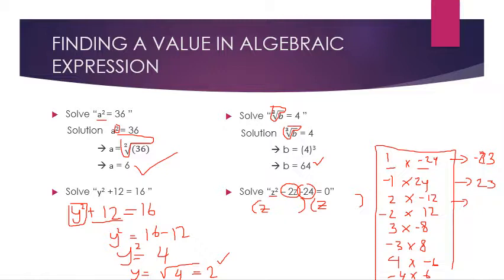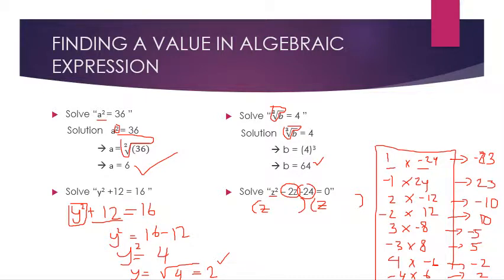And then we have 2 plus minus 12 is minus 10. Then minus 2 plus 12 is 10. 3 plus minus 8 is minus 5. Minus 3 plus 8 is 5. 4 plus minus 6 is minus 2. And minus 4 plus 6 is 2.